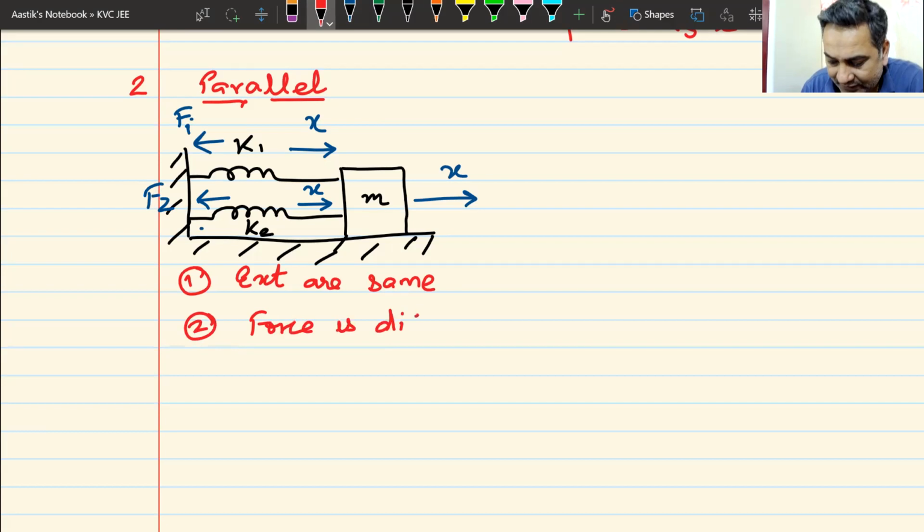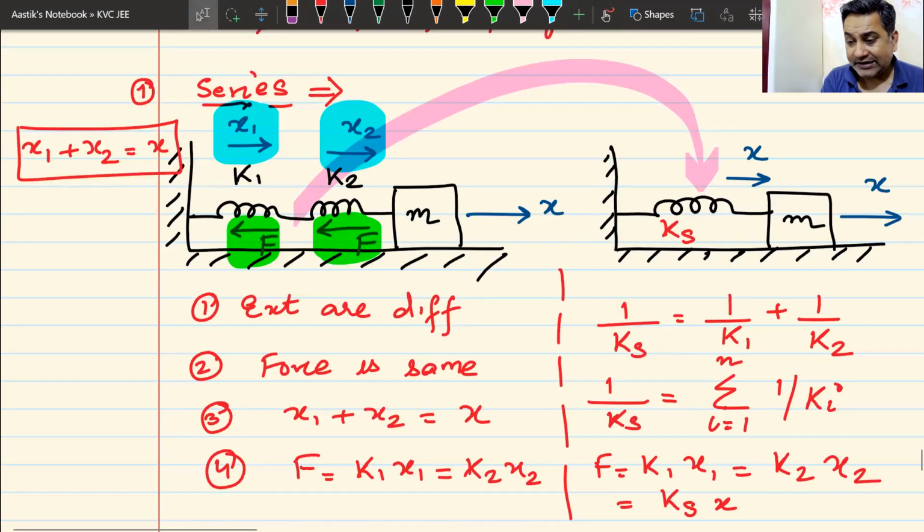So it is exactly opposite of what we had done previously. If I take you to the previous slide, here extensions are the same in parallel combination and force is different. But in the series combination, you can see very clearly that extensions are different and force is the same.